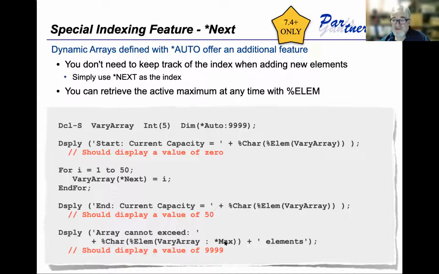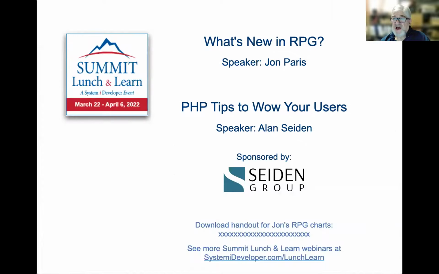So, vary array max, and that will give us a value of 9,999. So you can always retrieve the current maximum by asking for %len, and you can get the absolute maximum by doing this. Okay, now with that, I've finished the first slice of bread.